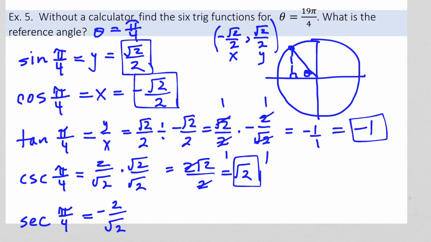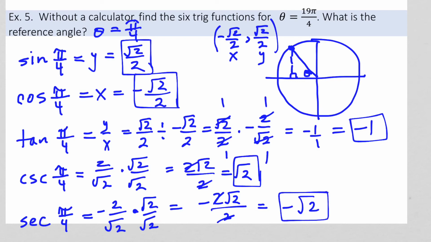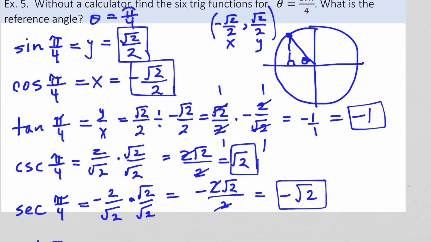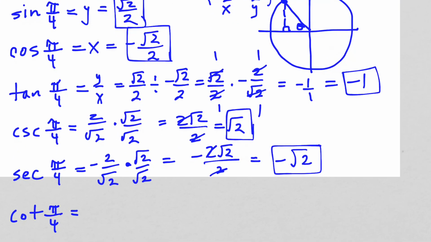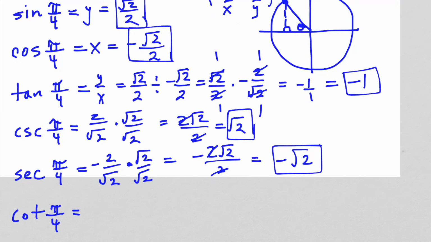If I rationalize, we'll just go through this exercise one time. So that's negative 2 root 2 over 2, which is equal to negative root 2. And then the last thing would be the reciprocal of the tangent, which is the cotangent. So that would just be 1 over negative 1, which is still negative 1. All right, so if we highlight our results, there we have it.